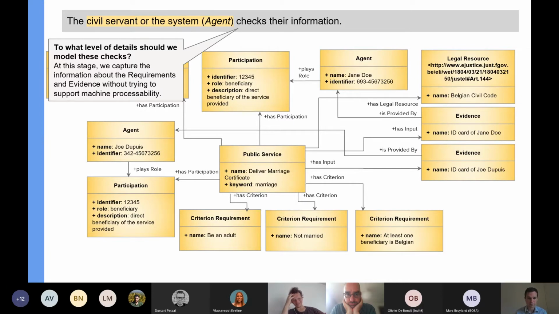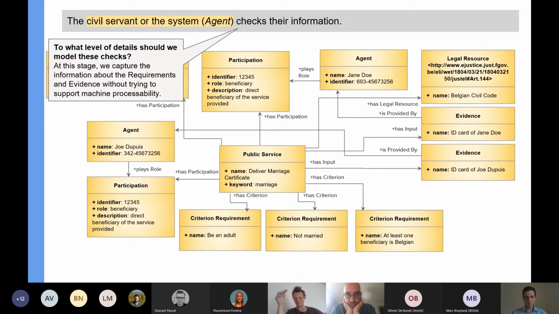Ideally, you do that in a very discrete manner, and you want full automated public service delivery in the end. I think we're all going to that point. What I'm missing here is at which point in the rules regarding the public service is some criterion involved or not.